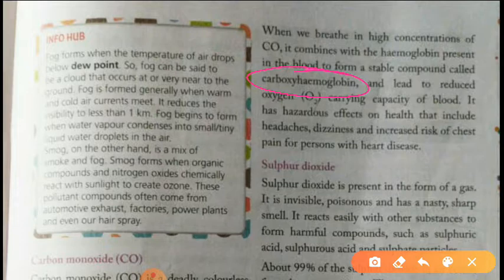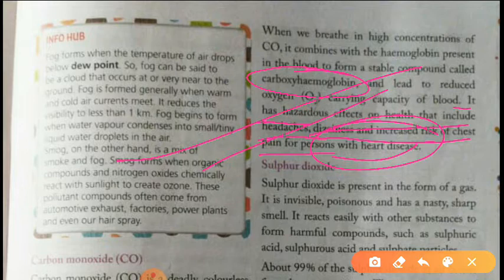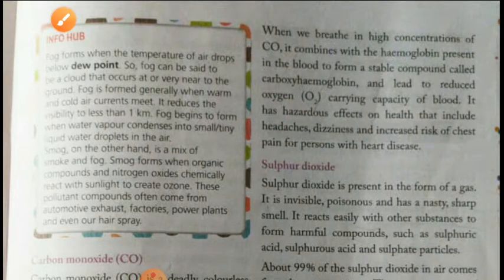As you can see, it has a hazardous effect on health that includes headache, diarrhea, and increased risk of chest pain for a person with heart disease. So this was about the fine particles and carbon monoxide.